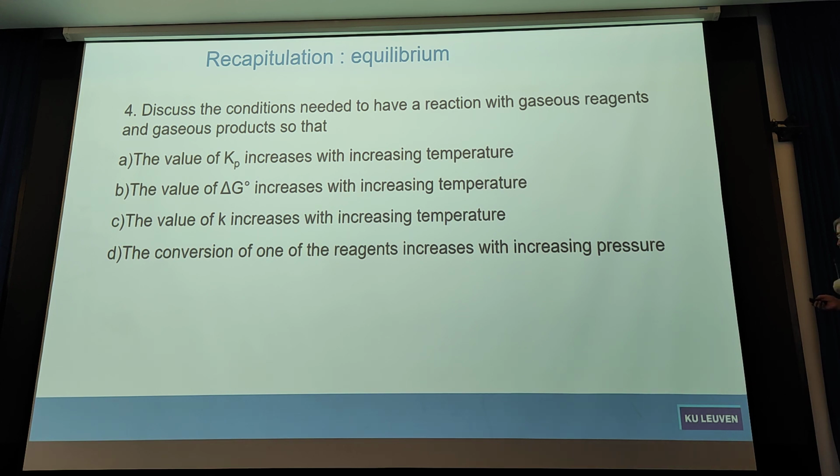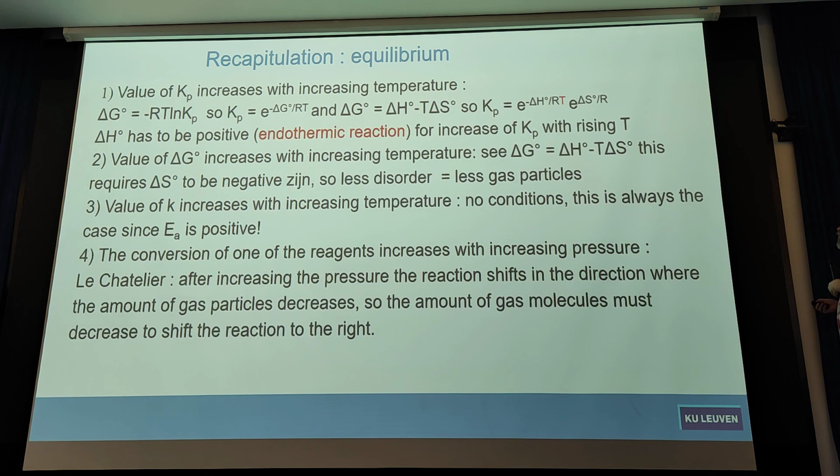Okay, so let's have a look. So the value of Kp increasing, and that of course reminds us again of the law of Le Chatelier. So there's only one condition, and that's in fact that the reaction is endothermic. Or in other words, that delta H is positive.